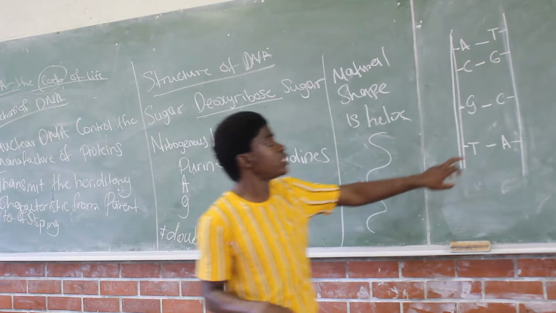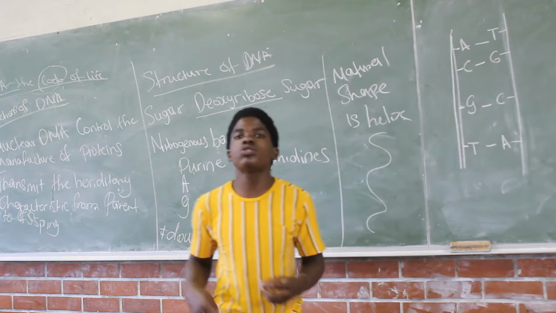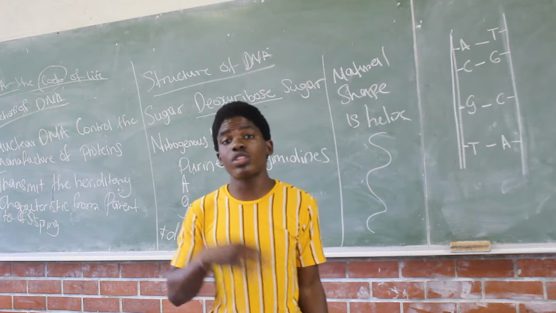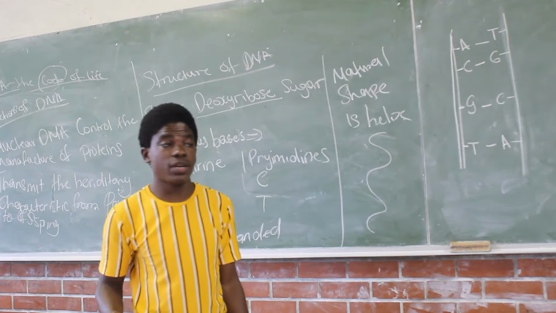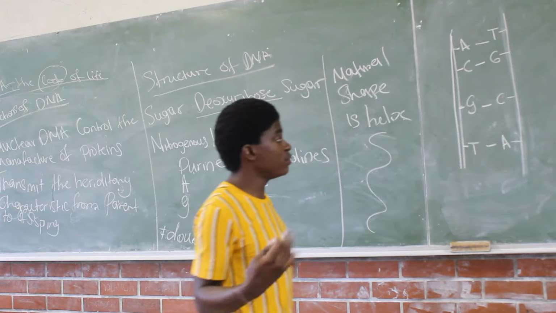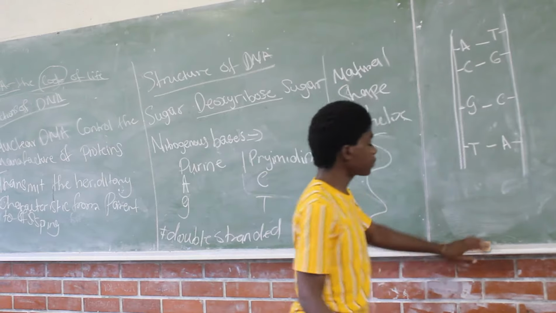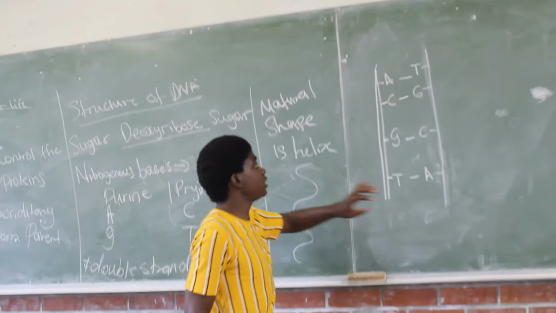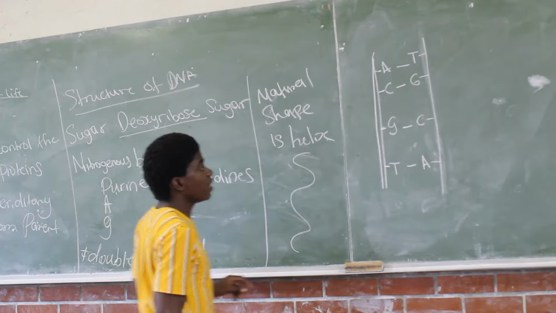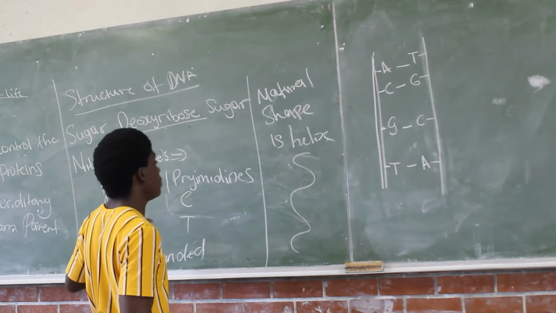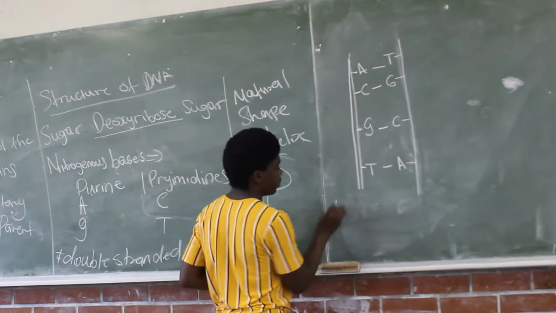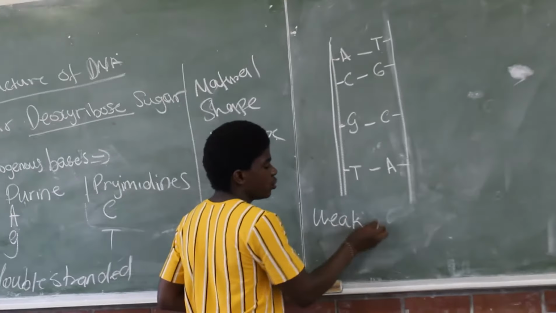So if these bonds are too strong, those processes might not happen, or they might take too long, which our bodies need to happen fast. So DNA has weak hydrogen bonds holding the strands together.